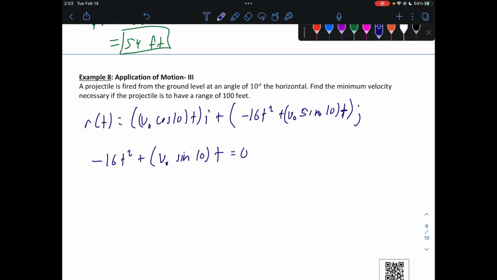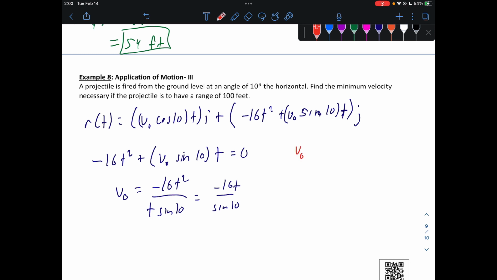So v sub 0 then would be negative 16t squared over t sine 10, which we could reduce down to negative 16t over sine 10.